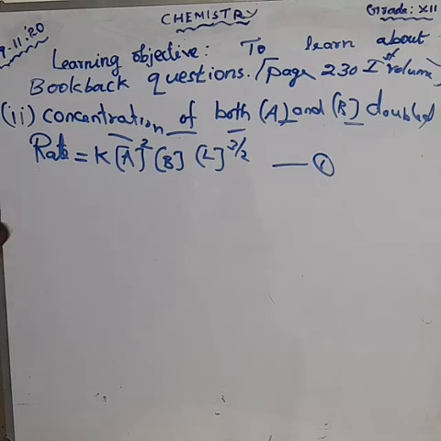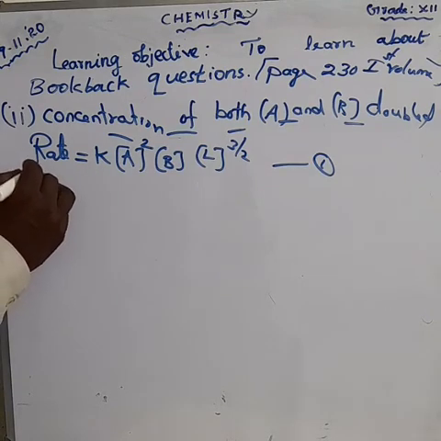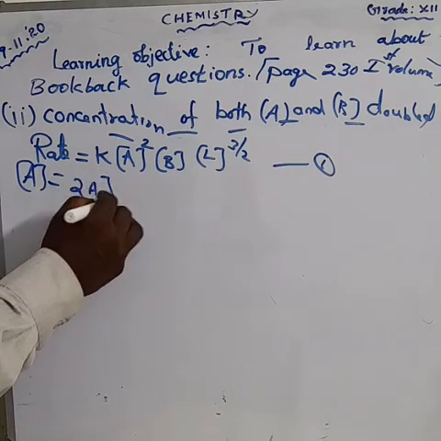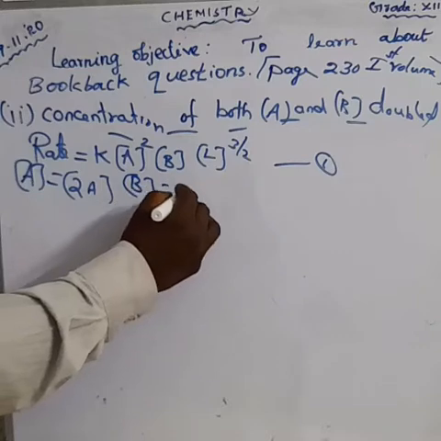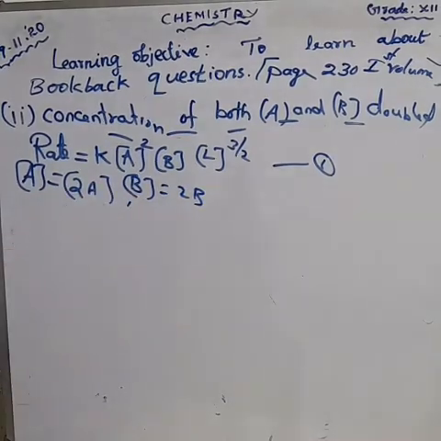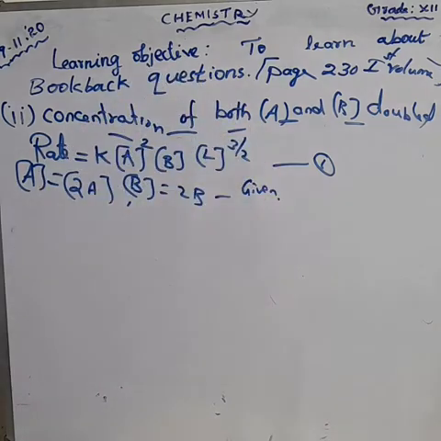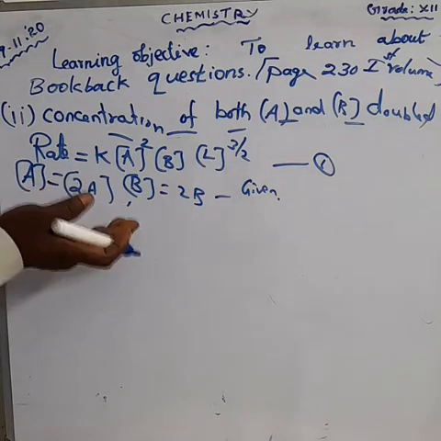A is equal to 2A and B is equal to 2B. These are the given. Am I right? Substitute these values in equation 1.